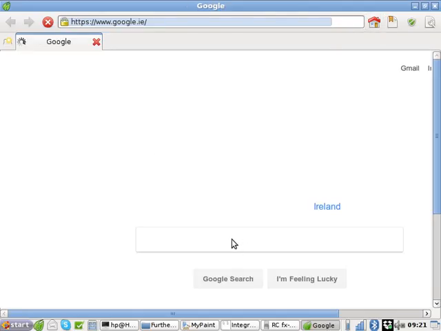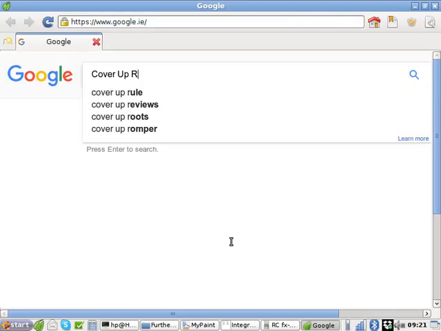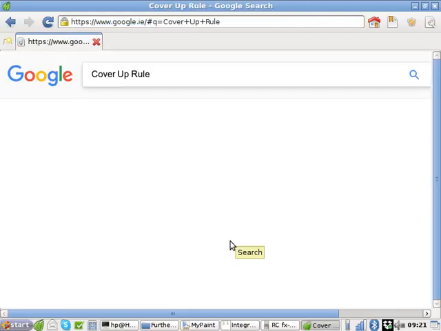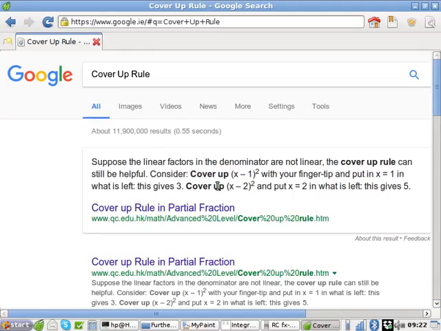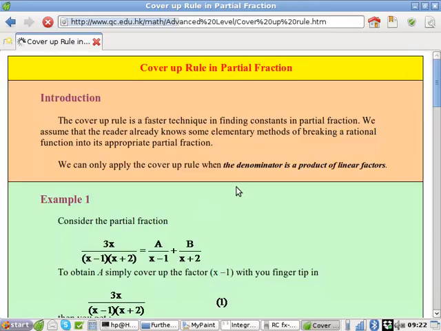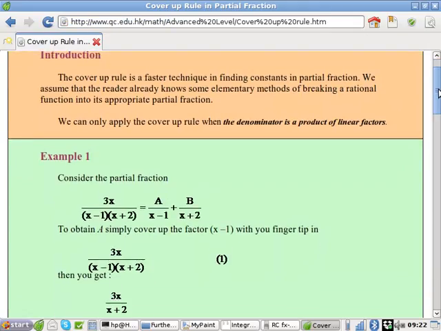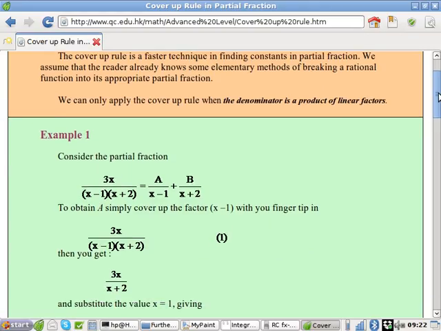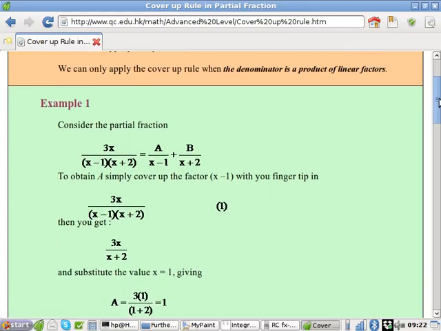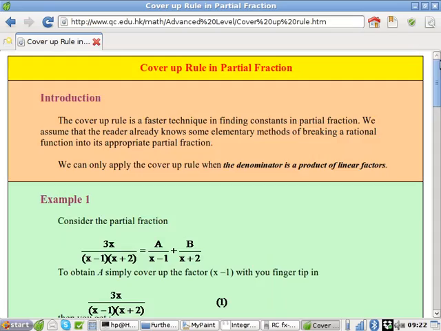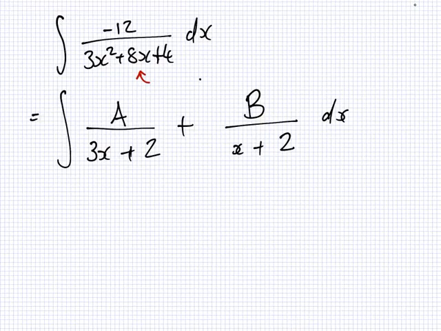Yeah, no, but finding the A and the B. That's how you do it. Forgot.